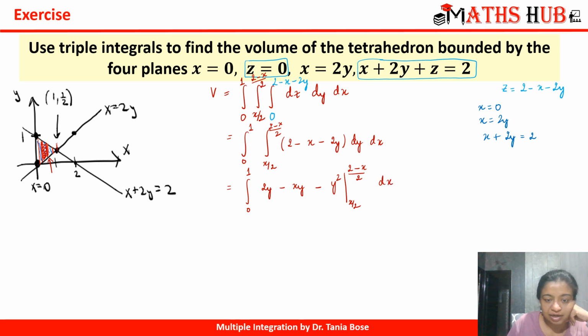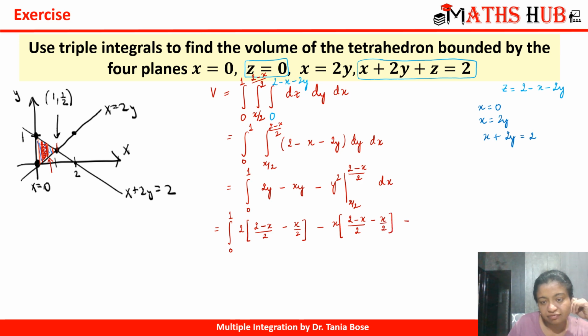Right? Now let us solve this. And when I put the value here, I get 0 to 1, 2 times, I'll put the limits in y. So I have 2 minus x by 2 minus x by 2. Then we have minus x times y again. So it is 2 minus x by 2 minus x by 2.